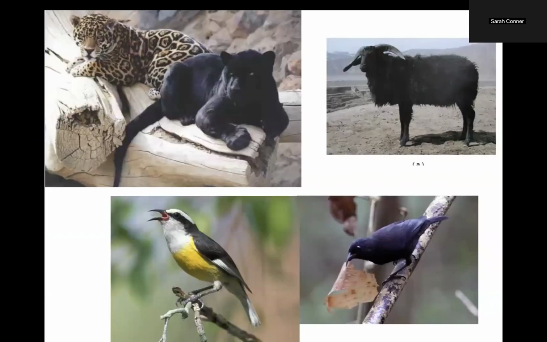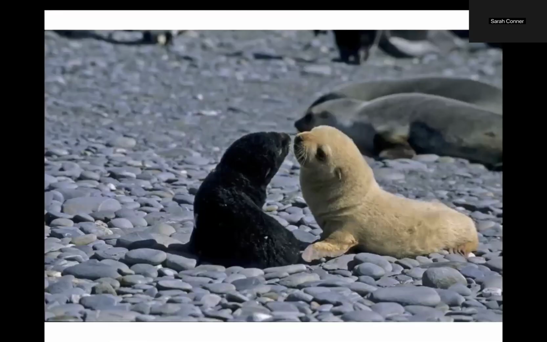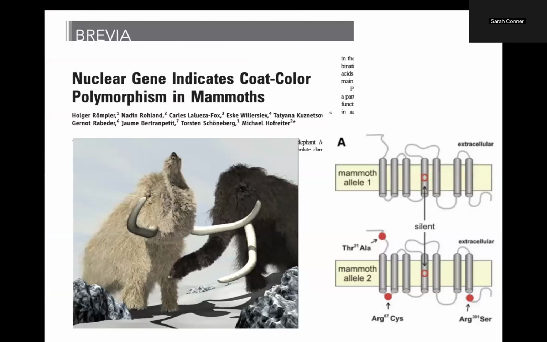And then, of course, there are variations where those receptors are basically stopping or increasing some of those pieces to produce different color variance in different species. These are just some examples. The color code is called polymorphism in mammoths, which is one of the things they looked at, and it works the same way.